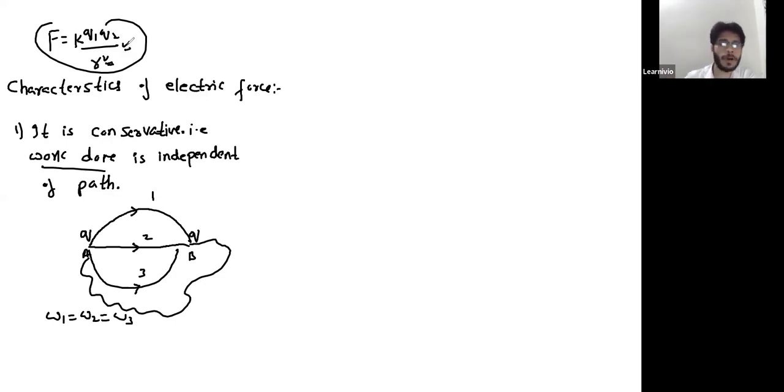But when you calculate work done, which is the integral of electric force dot dr from point A to point B, this will remain same for different paths until initial and final conditions are same. So Fatima, is it clear? Force depends on R, but the work done here is independent of R. That's the conservative nature.